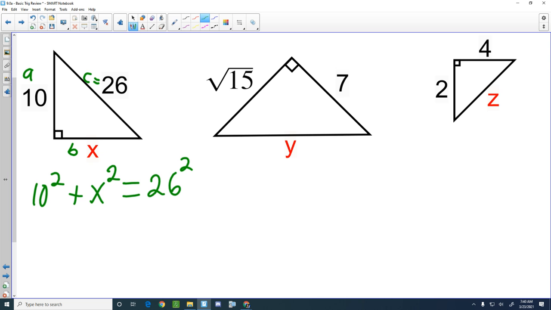Oh, did you do it all in your head? All 3? All right. How many of you got at least the first one done? Okay. Ooh, what about that one with the square root in it?